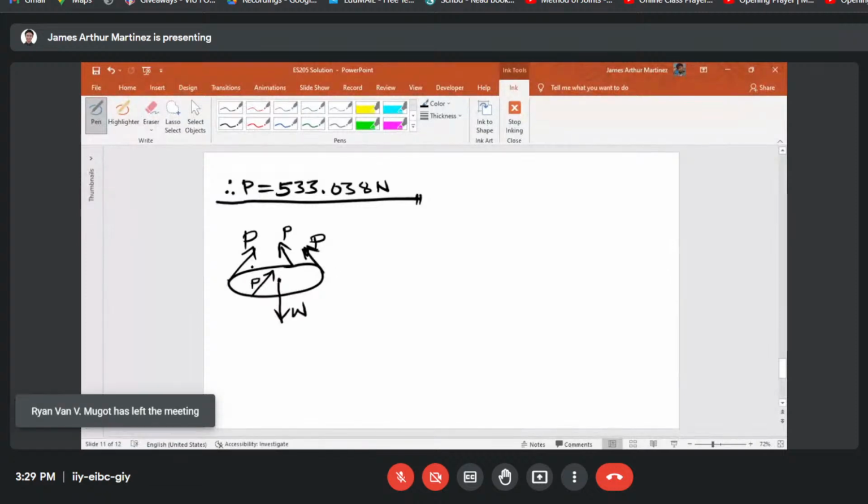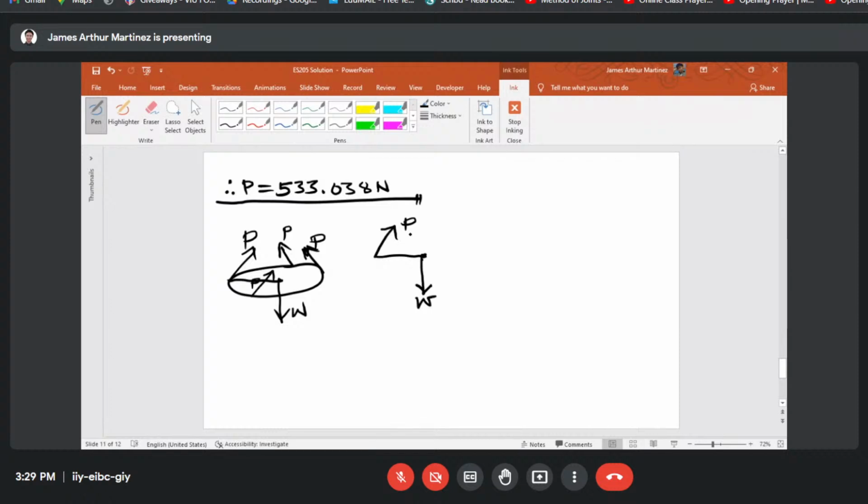This is P. If we consider just one P, we'll have this illustration, or free body diagram. Your P has some angle of inclination.